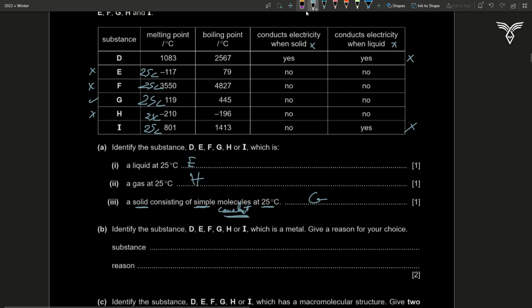طيب identify the substance D, E, F, G, H or I which is a metal.